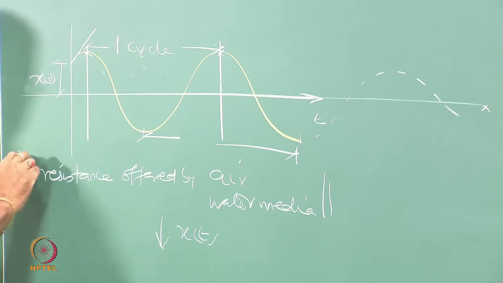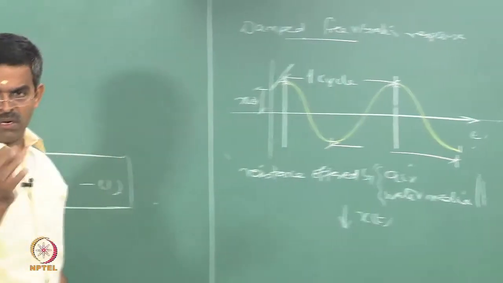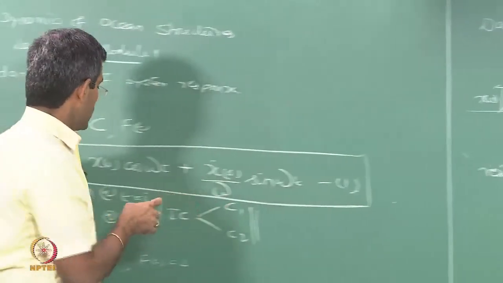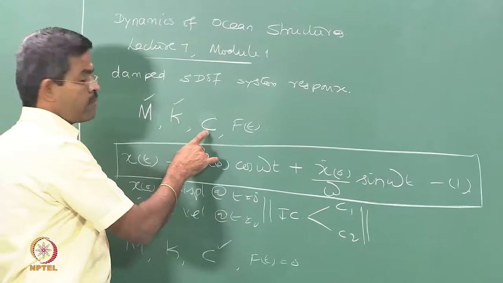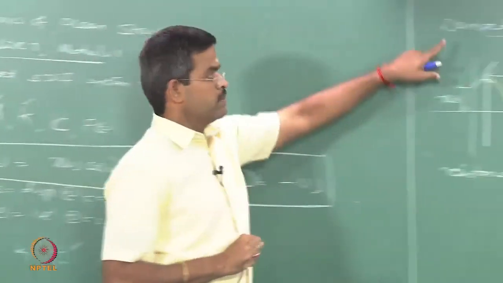So, there is resistance offered by the media which is not captured in this equation, because we have not included that resistance. Now, we will capture this in this model.